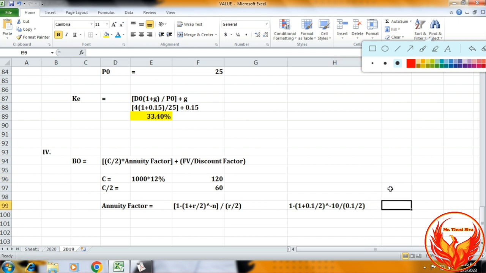So the answer is 1 minus 1.05 to the power minus 10, divided by 0.10 divided by 2, 0.05. So the answer is 7.72173.